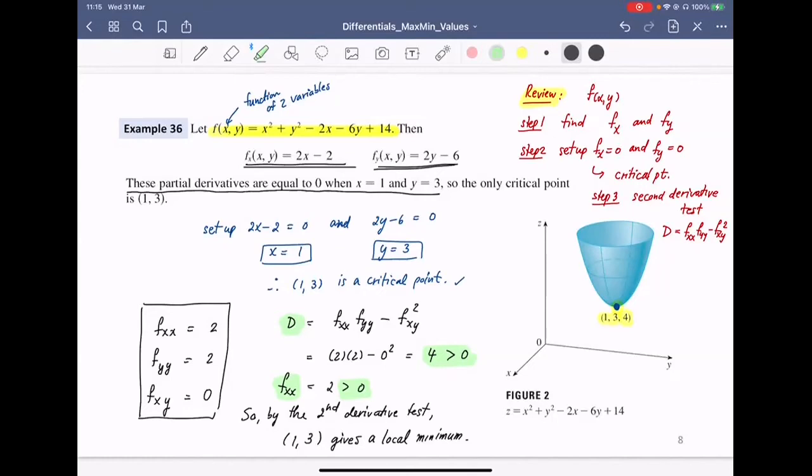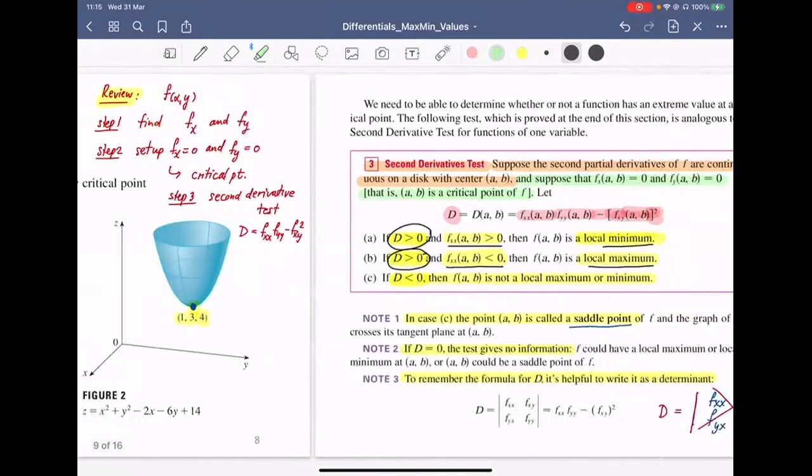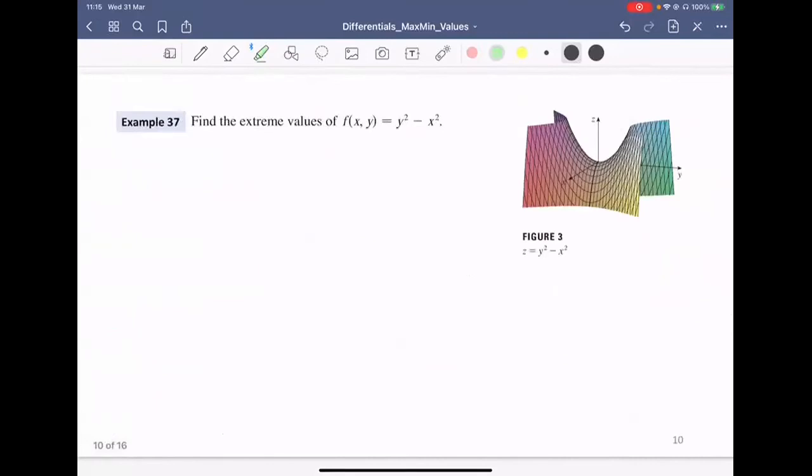Actually, in the next example, we are going to show you the case where you get a critical point and it is not a local maximum, and also it is not a local minimum. All right, so I'm going to do example 37.